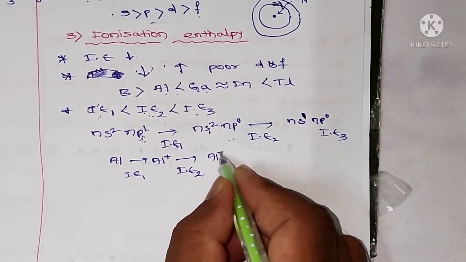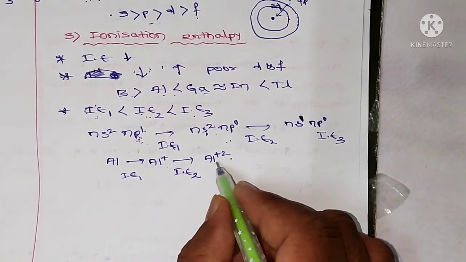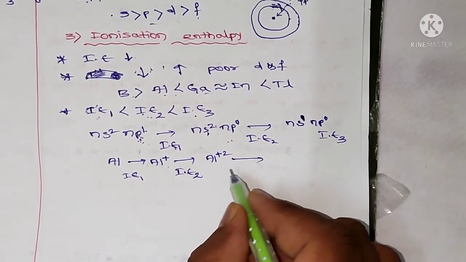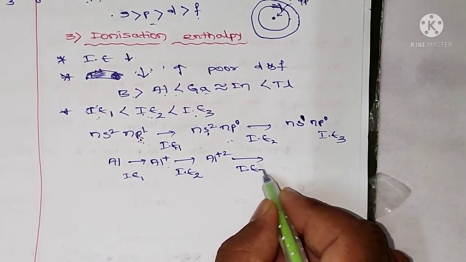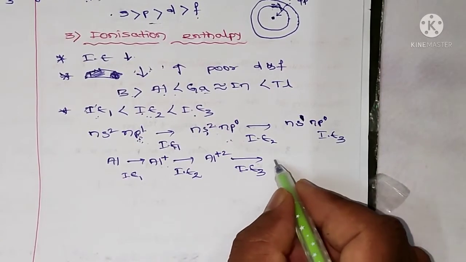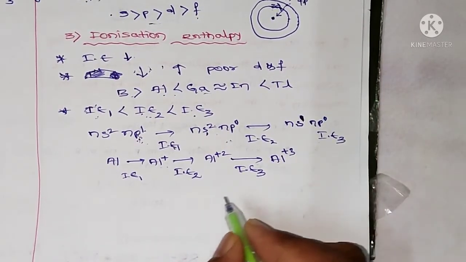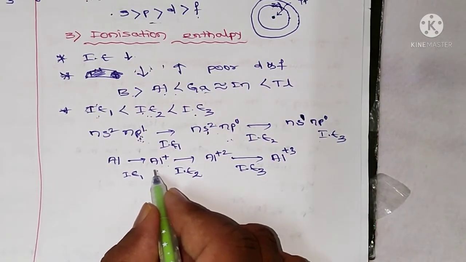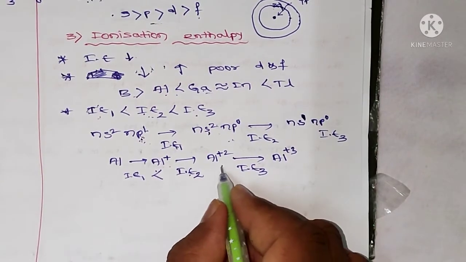Then we get Al2+, and much more energy is required to remove an electron from the dipositive ion. That energy is called the third ionization enthalpy, and then we get Al3+. So the first ionization enthalpy is less than the second, and the second is less than the third.